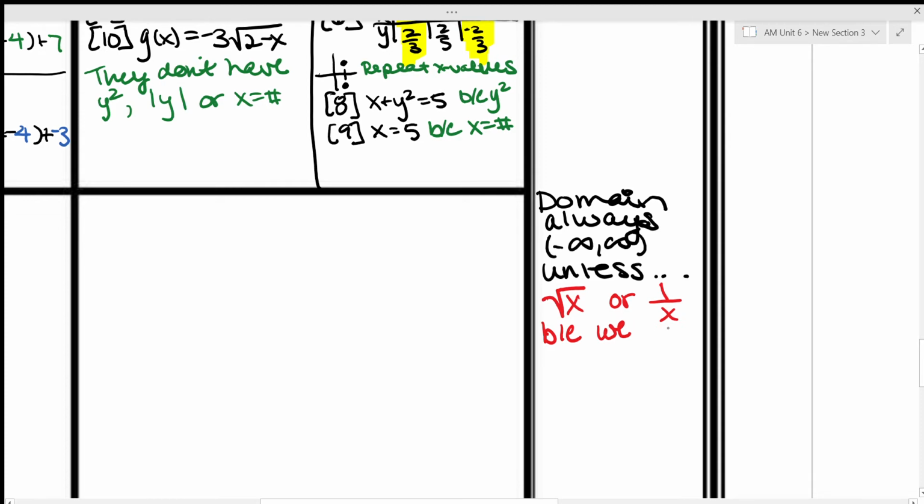We can only square root zeros and positives. And we can never divide by 0.